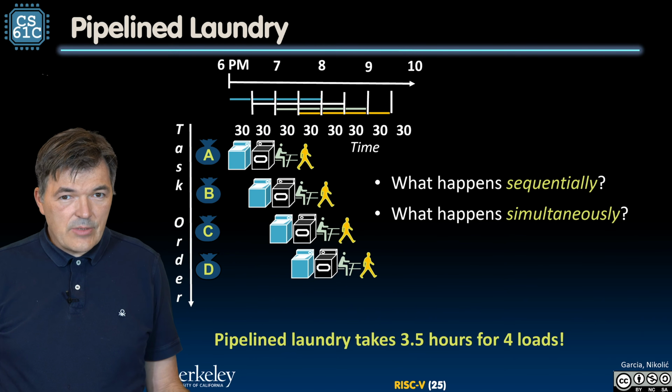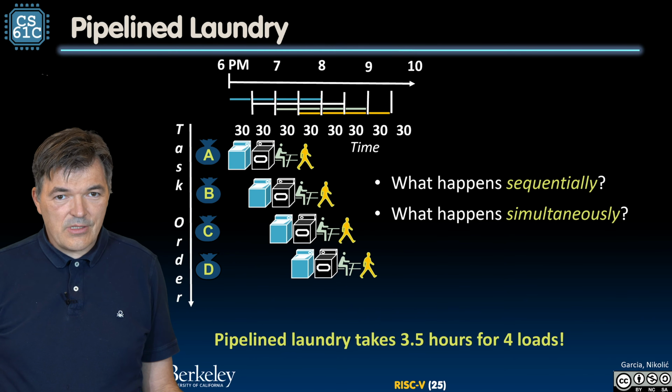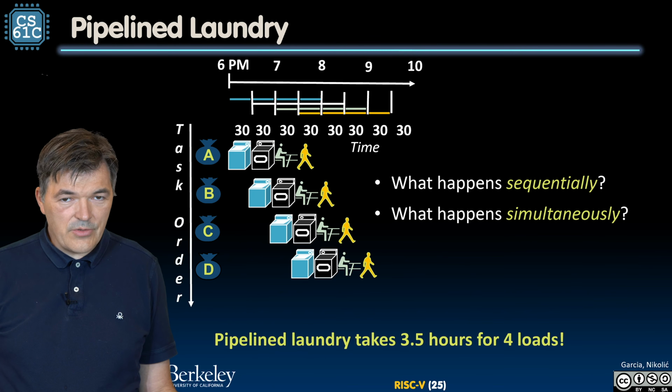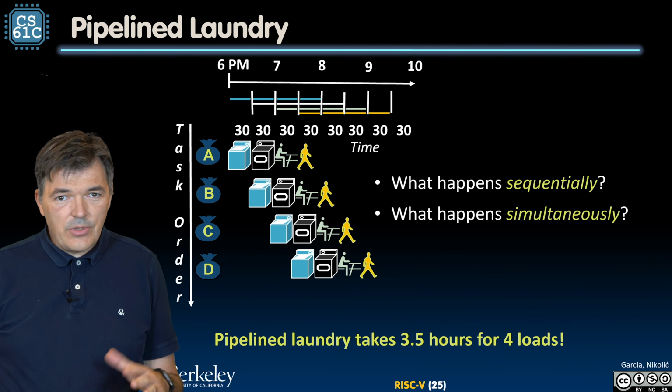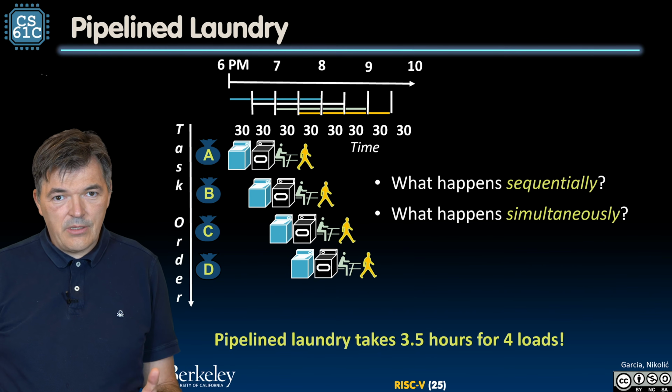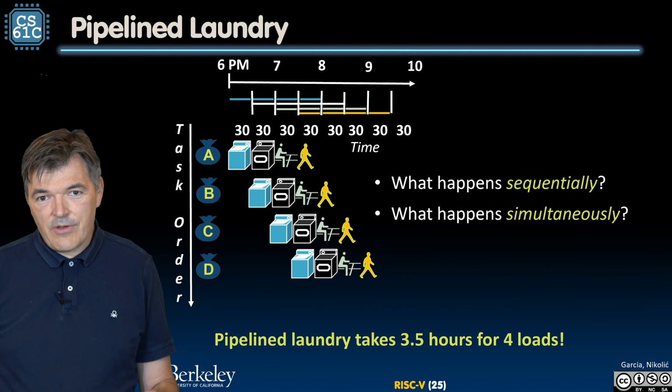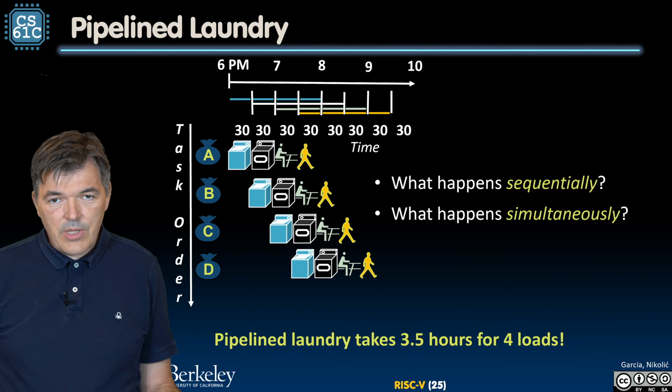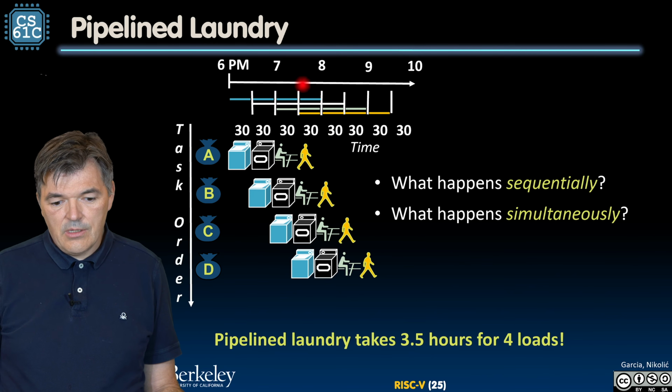Now, if there are 1,000 people trying to use this laundry system, it wouldn't have taken 2,000 hours. If we were to pipeline it, it would have taken 503 hours, because it would take us still 3 cycles to fill the pipeline.